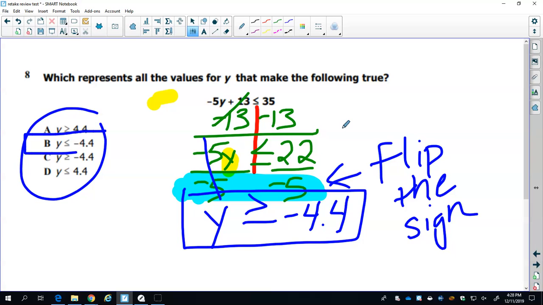So my answer should be B. So here, maybe you didn't flip the sign. Maybe when you put in your division, you got a positive 4.4. Maybe you divided by positive 5. So nonetheless, figure out where your mistake was. And be sure to write down your mistake on your paper. Explain your mistake.